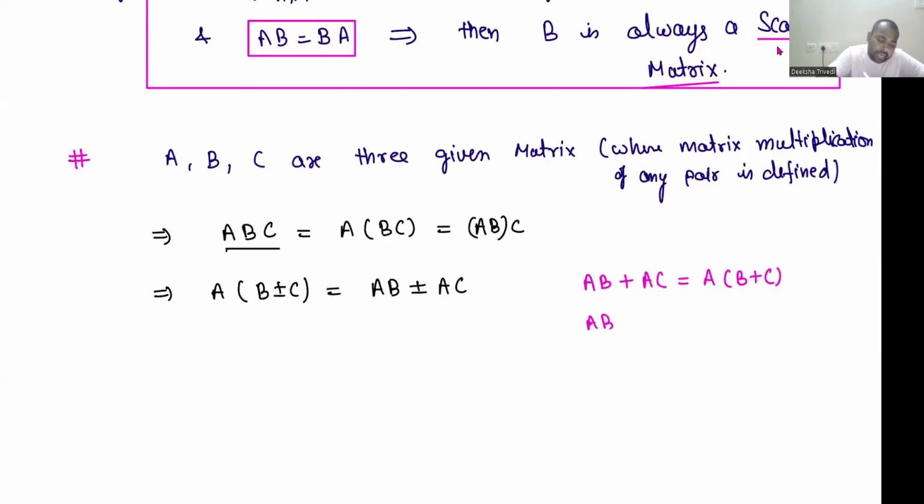Now if they write AB plus CA, that is not equal to A into B plus C, because here A is pre-multiplied and here A is post-multiplied. Am I correct? So we can take that A matrix common only when A is pre-multiplied with both B and C.